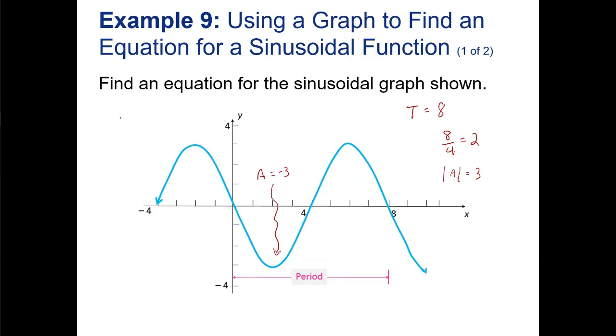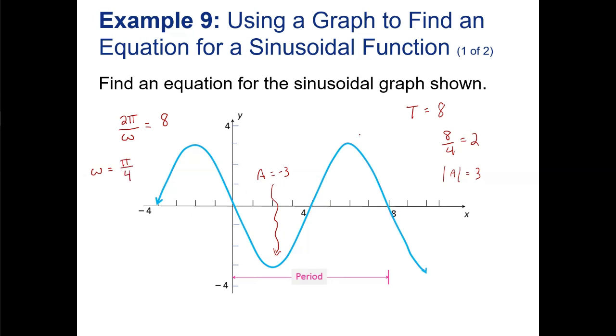Okay, so we're going to say that 2 pi divided by omega is equal to 8. So if I solve this for omega, we'll get omega is equal to 2 pi over 8. So that'll reduce to pi over 4.